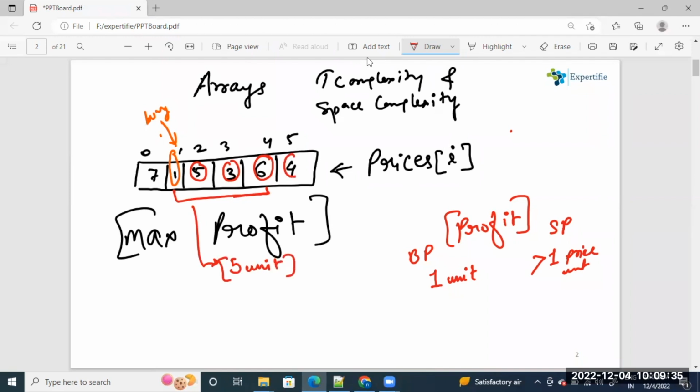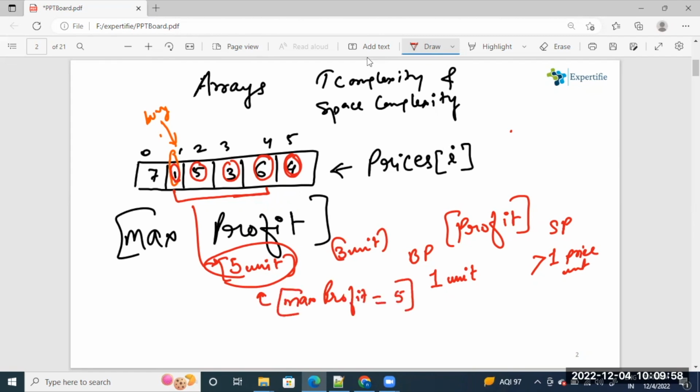If I proceed further, if I bought at price 1 and sell at day 6 where the price is 4, it gives me 3 units of profit. So I will just keep my maximum profit intact as rupees 5. That's the problem statement.